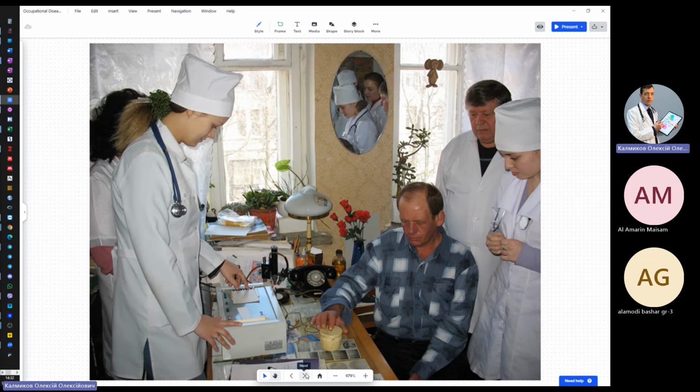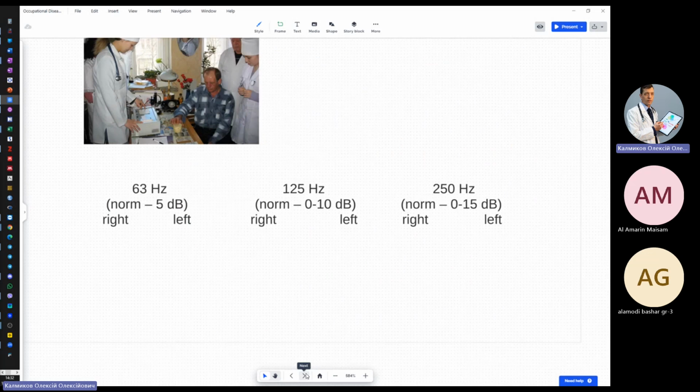Here is also one of our real patients with our students, and we perform evaluation of his perceiving the vibration on that whitish vibrostand, right? He simply touches this vibrostand with his fingers, and different intensity and frequencies of vibration are applied to this vibrostand.